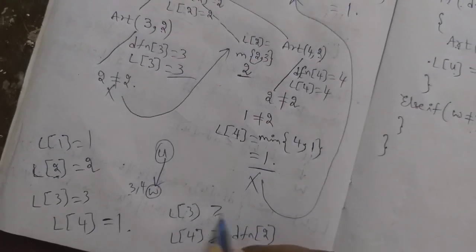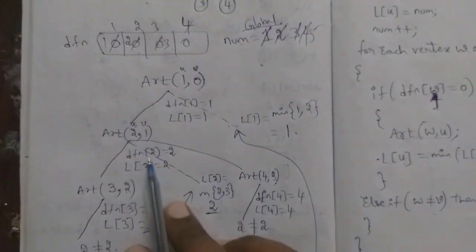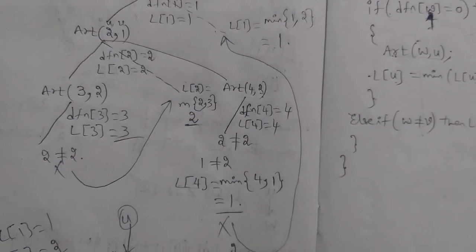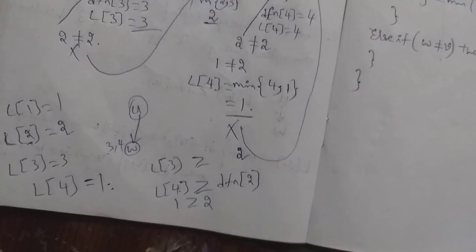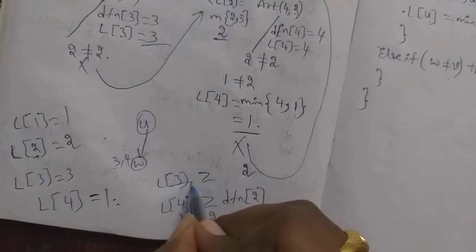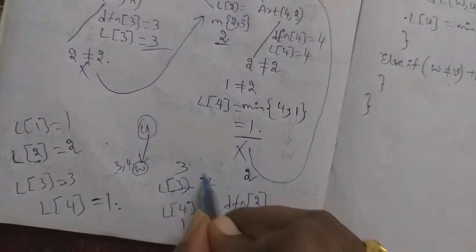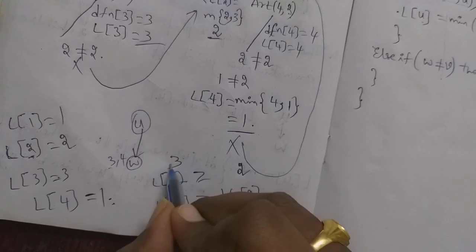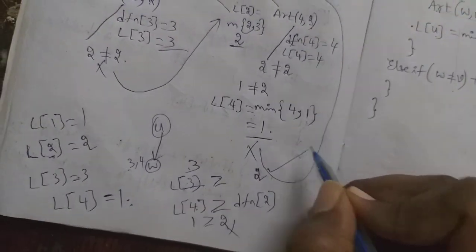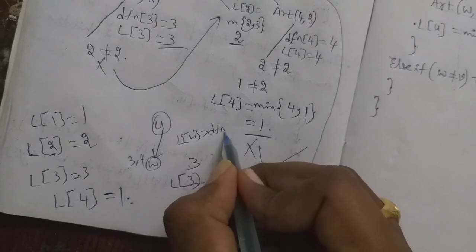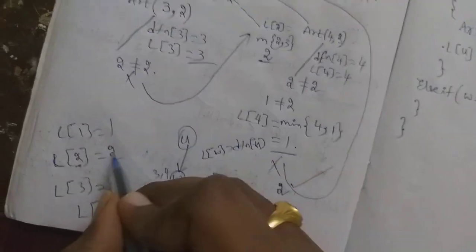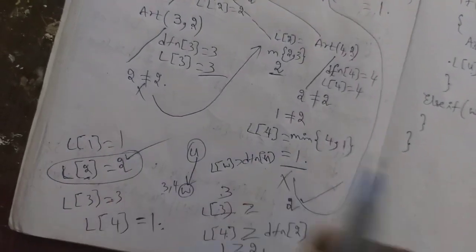First of all, depth first number of 2, we got it as 2. What is the L value of 4? 1. Is 1 greater than or equal to 2? No. But what is L value of 3? 3. Is 3 greater than or equal to 2? Yes, 3 greater than or equal to 2 condition satisfies. Therefore, the child's L value is greater than or equal to the depth first number of that particular node 2. Therefore, 2 is an articulation point.